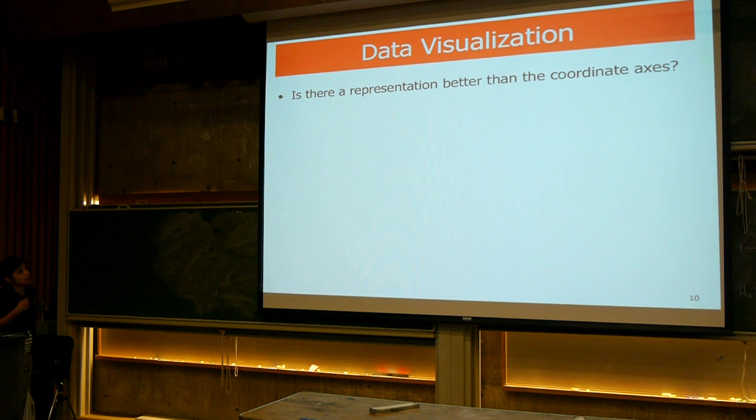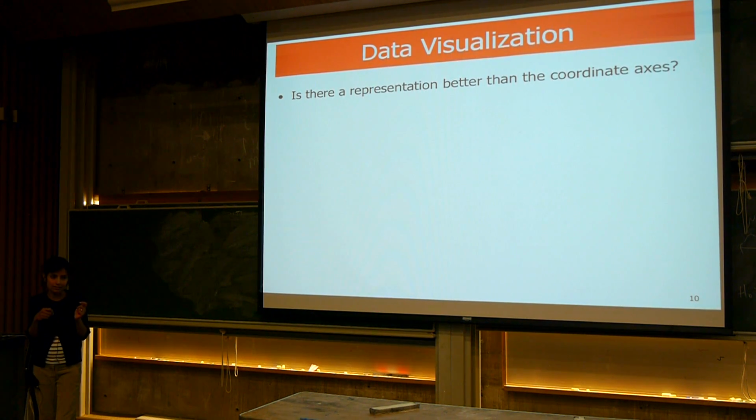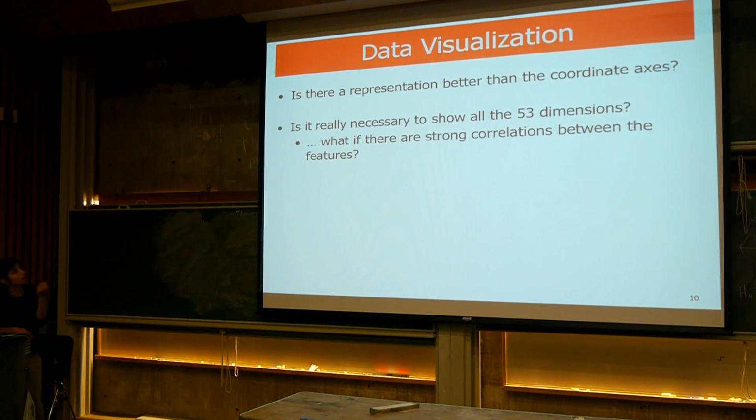So that's what principal components is going to be a way to do. We are essentially going to look at a representation that's better than just thinking of the features as the axes. So is there a way we can only save linear combinations of features that are more meaningful than the original features? And is it really necessary to use all of these?